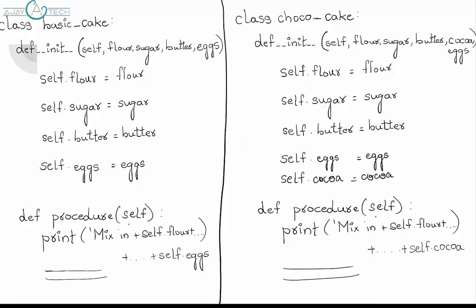And to the right hand side, I have defined another class, chocolate cake, which has two methods, which define the list of ingredients and then the procedure to make a chocolate cake.